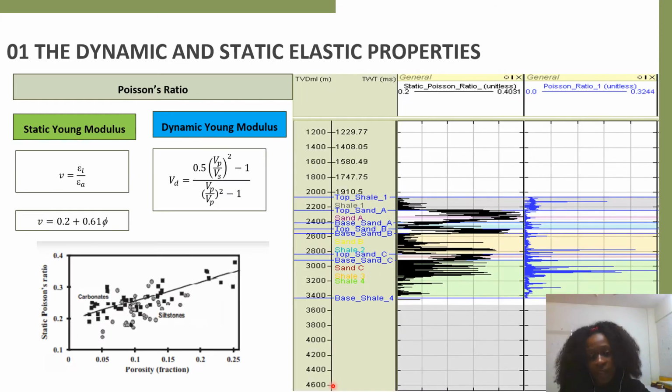And next is the Poisson ratio, which is the ratio of a transverse strain to the axial strain of a material that is stressed along one axis only. The static Poisson ratio is a function of the porosity, of lithology, of confining stress, and pore pressure.